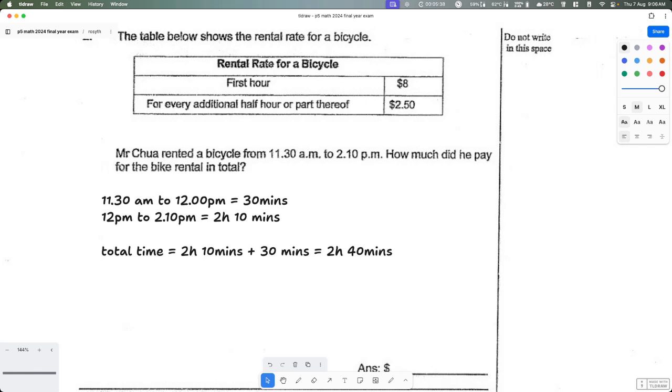Okay, so now first hour you need to pay $8. So remaining time is equal to the total time minus the first 1 hour. 2 hours 40 minutes minus 1 hour is equal to 1 hour 40 minutes.